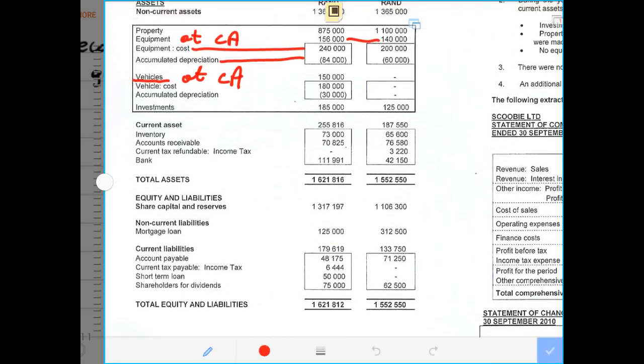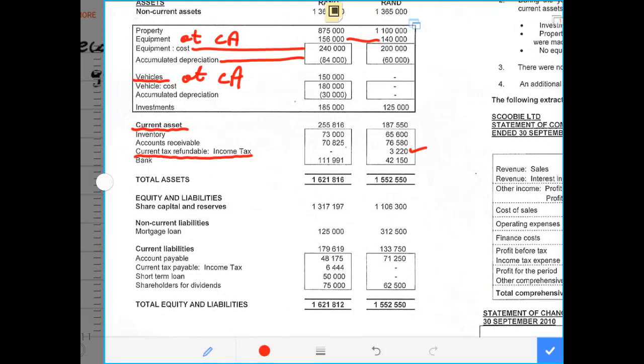I also want to bring your attention to the current assets. Under our current assets, we have current tax refundable, income tax. That's what I want to highlight before we start. Our current tax refundable income tax in the year 2009 is 3,220 rands. This is income tax refundable.